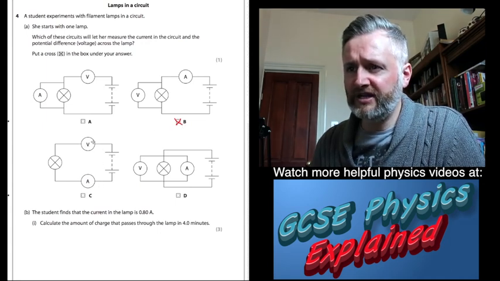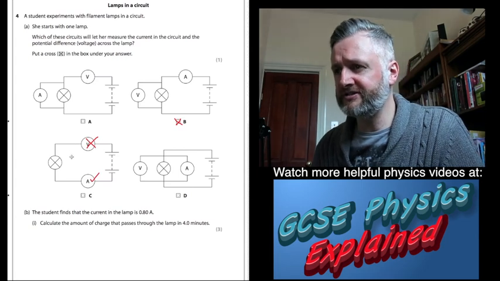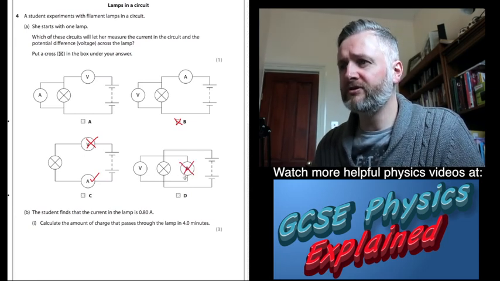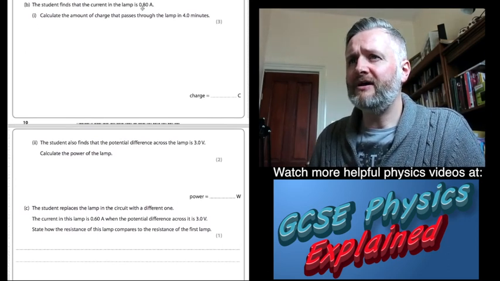Well, the voltmeter is in series, so that's wrong. The ammeter is in series, so that would have been right, but the whole thing's wrong then, isn't it? And this one, although it's got the voltmeter in parallel, it's got the ammeter in parallel as well, so that's wrong.